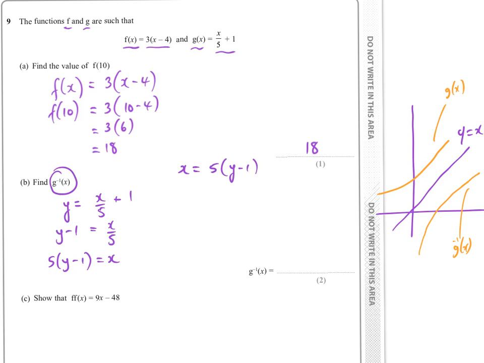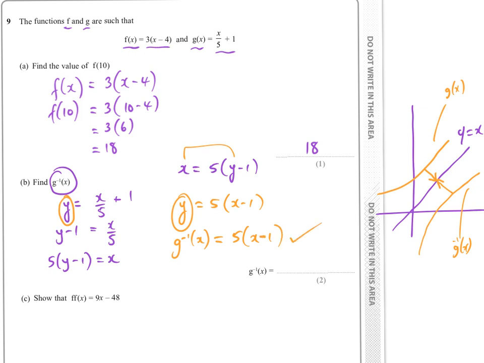So x becomes y because it sees itself in the mirror y equals x. So all we need to do is swap these around here. So we'd have y equals 5 lots of x minus 1, and because x has become y, this y value is not the same as we have here. It's actually representing the inverse now, not g of x as it did originally. So that's the answer to that part B.